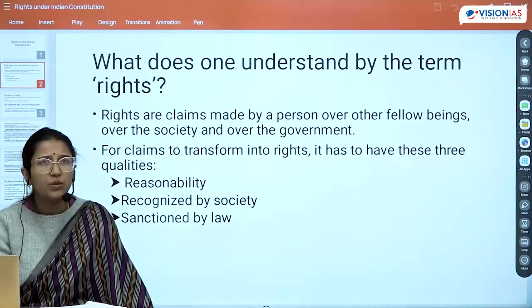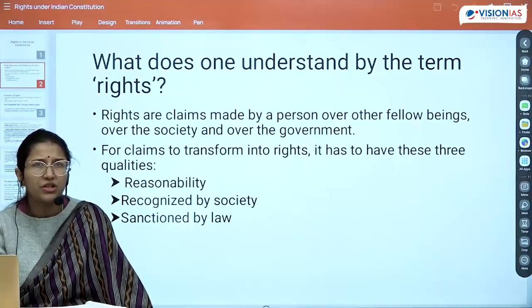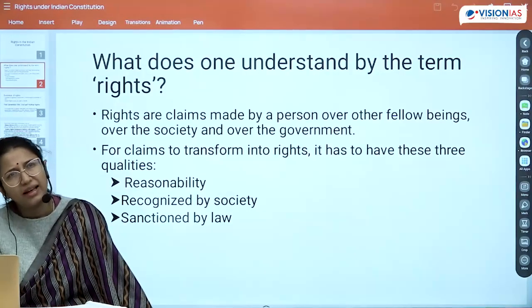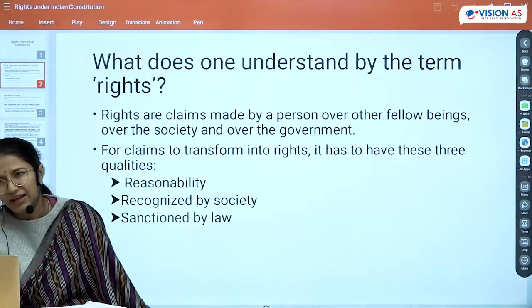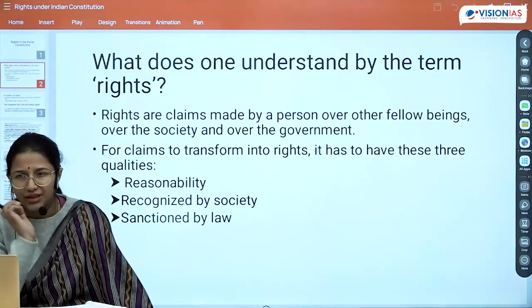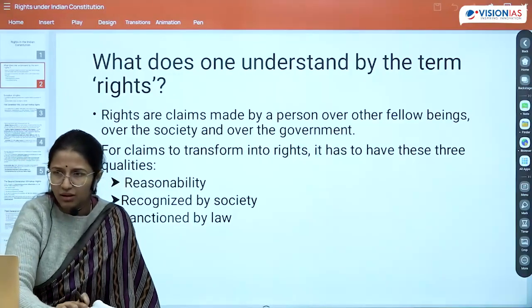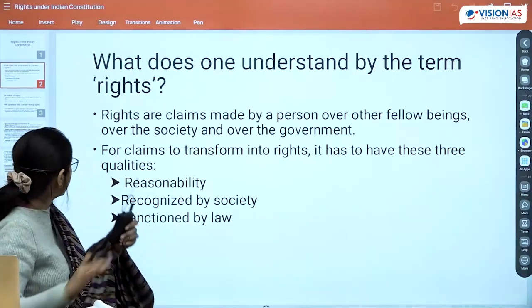Some online students have also given good definitions. For example, there's a good definition given by Kavya. Kavya says rights are nothing but claims mentioned in the constitution and acceptable by society. And so somewhere she touched upon two preconditions for claims to be recognized as rights.